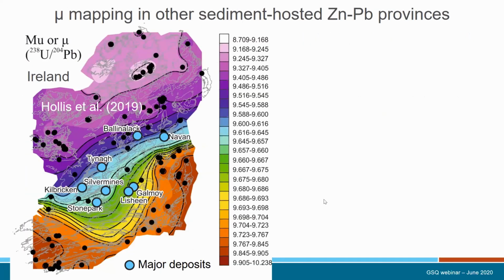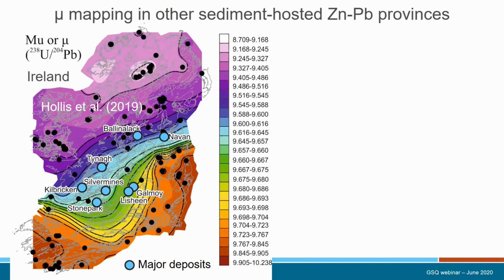Not only does this work in Mount Isa, but a lot of deposits elsewhere in the world are associated with mu gradients. Here we go to Ireland, and this is some data from Steve Hollis.